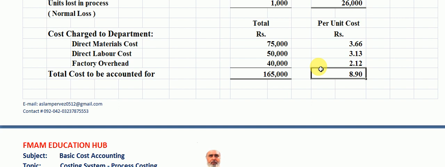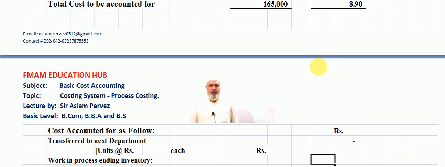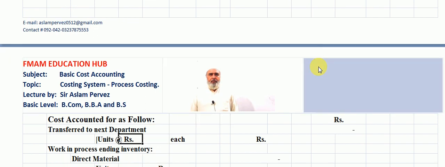Students, now we move to the third section. Cost accounted for as follows. Here the units which are transferred to the next department is 23,000 units.